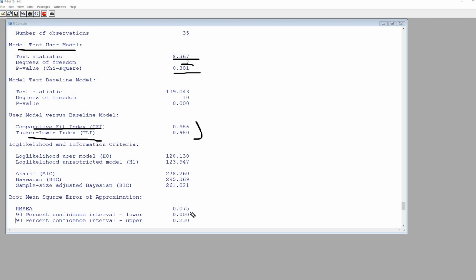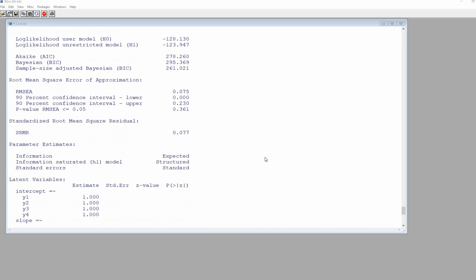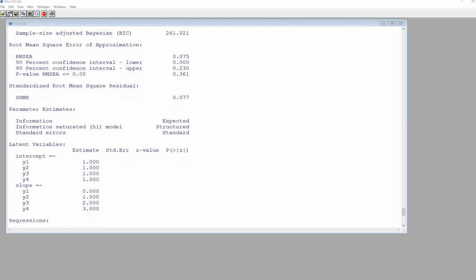Then you can see that we have the root mean square error of approximation that's given right here. Values that are at or below 0.05 would be considered indicative of a close model fit. Values that are 0.08 or below are generally considered acceptable. So based on that, we have evidence that the model has an acceptable fit to the data.